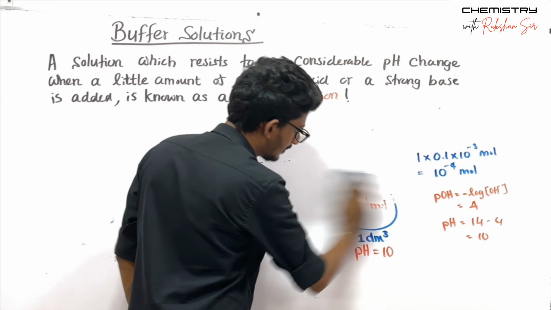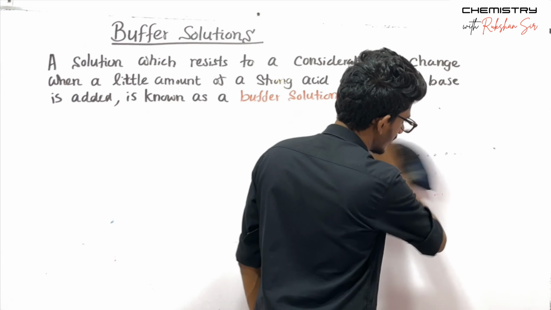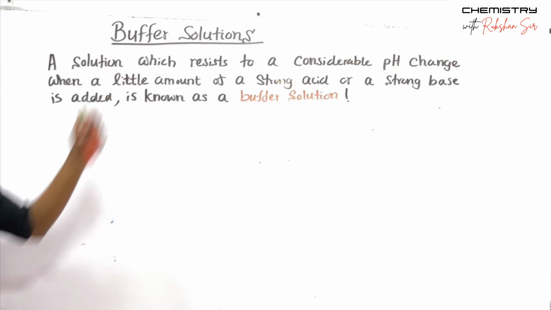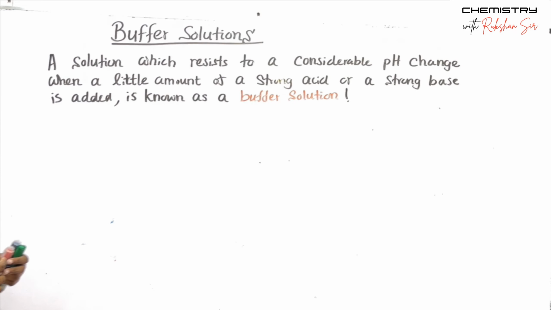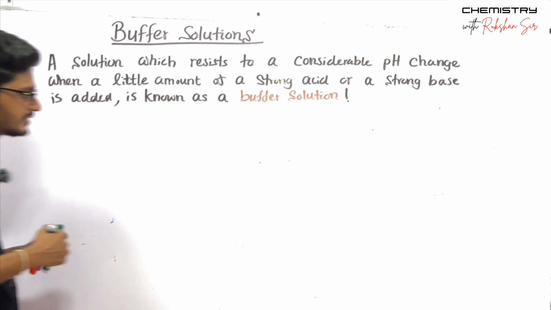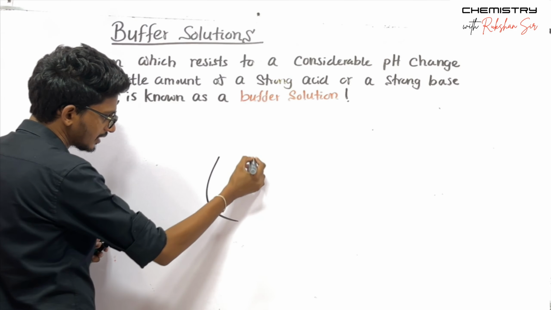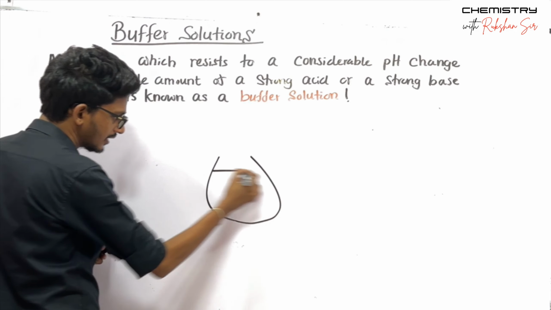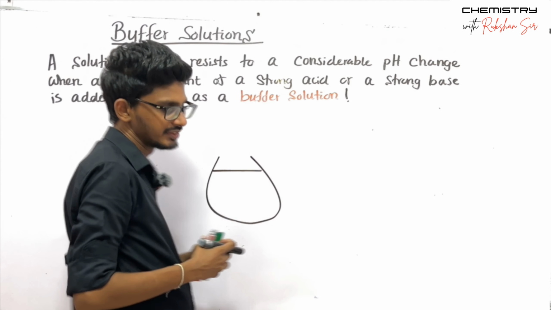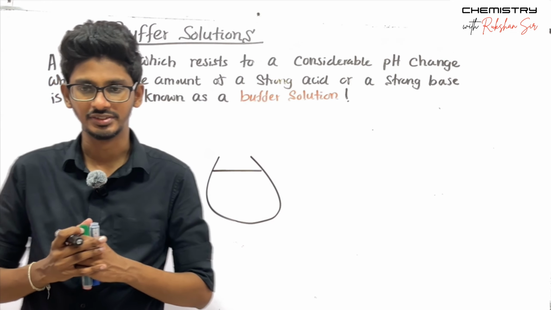So let's discuss a bit about the constituents of a buffer solution. Basically, to resist a pH change, the buffer solution should contain an acid to neutralize the OH minus you are adding, and it should contain some base to neutralize the H plus you are adding, right?